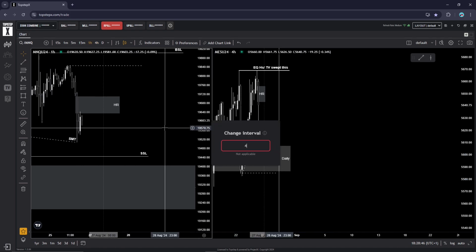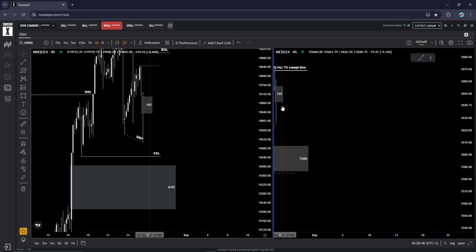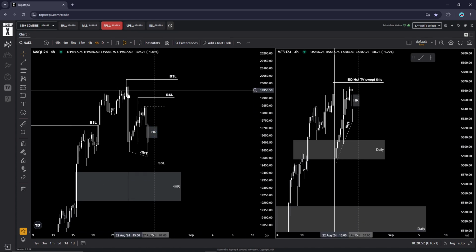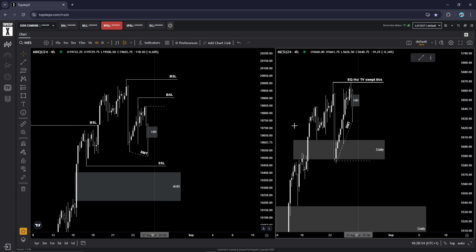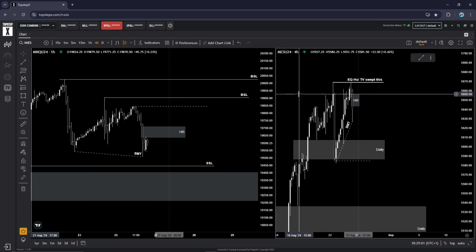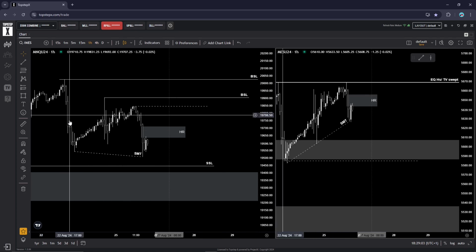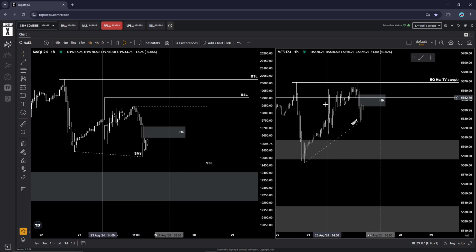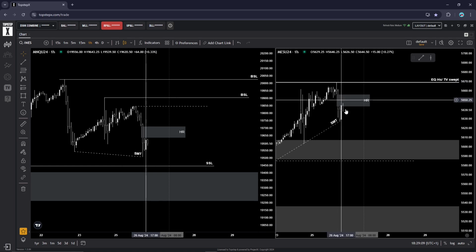But look at the discorrelation in this. Making new lows on NQ, ES is just rallying. And then bang, big drop, retrace, bang, big drop, come up, drop, higher, higher, swept, drop.